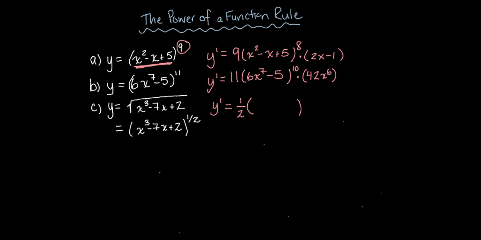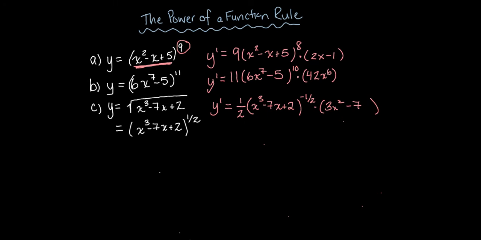So being really careful with this exponent here, that we're going to end up with negative 1 over 2. Inside the bracket, we just rewrite everything, and then we tack it on to the end. And the part that we tack on is the derivative.